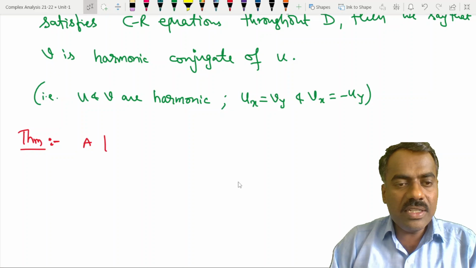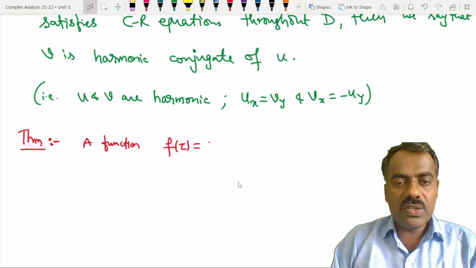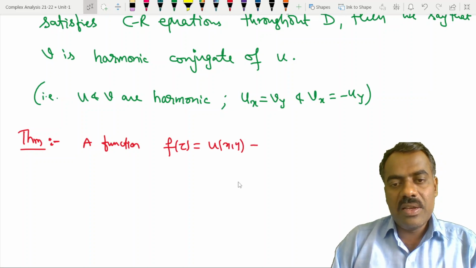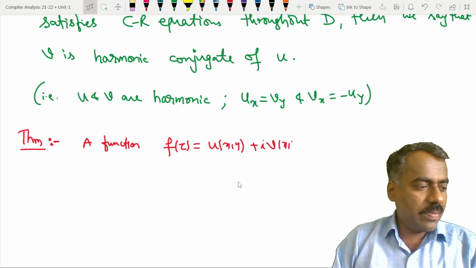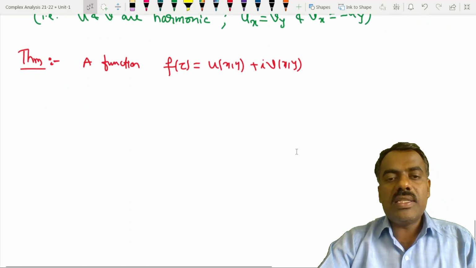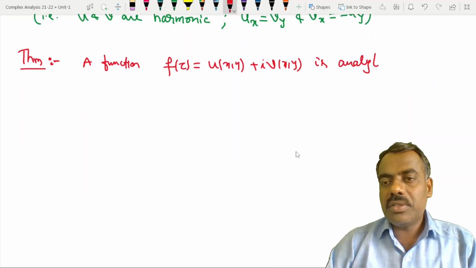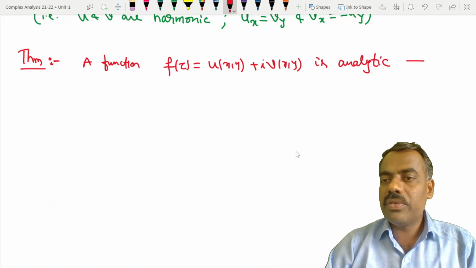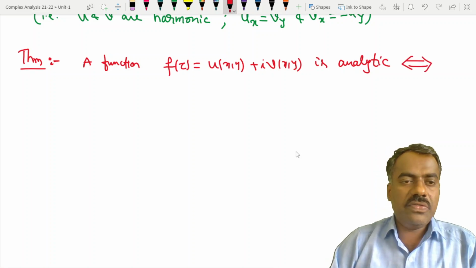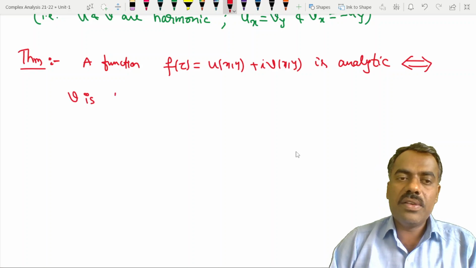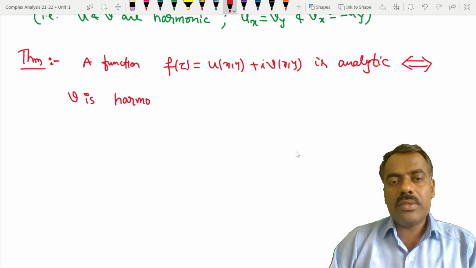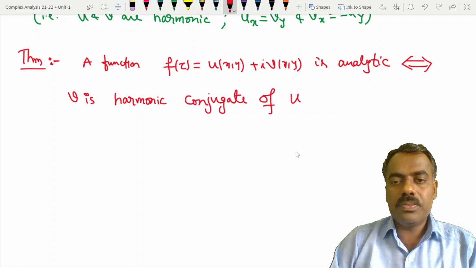A function f of z equal to u(x, y) plus i times v(x, y) is analytic if and only if v is harmonic conjugate of u.